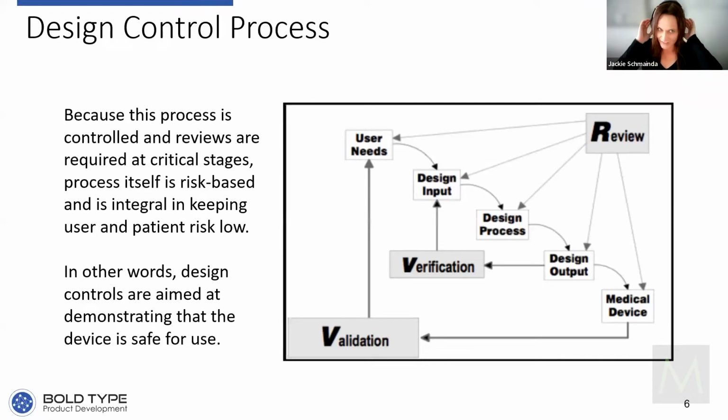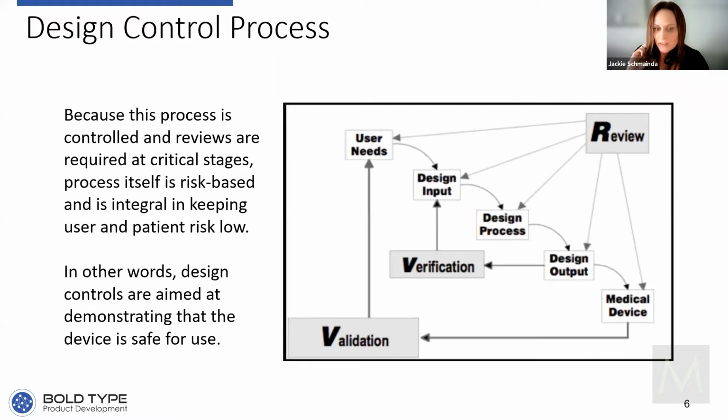But here, I think everybody's kind of seen this waterfall. And what it really is, is the design control process. From a design control process, everything starts at the very beginning with: what are the basic user needs of the product? It flows through design inputs, design outputs, design verification, validation, and all of those are key critical steps.